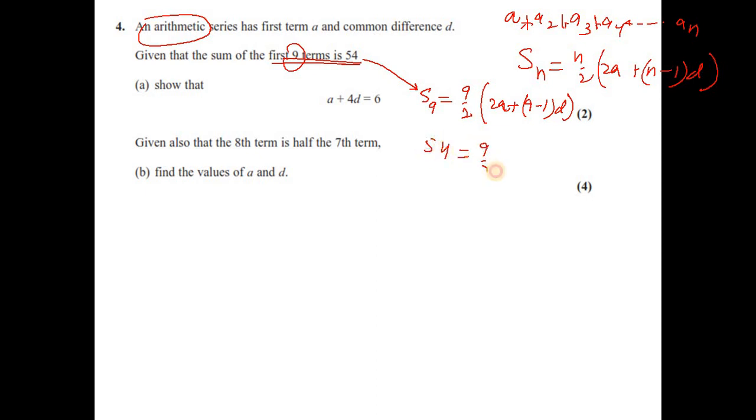And then 9 by 2 (2a plus 9 minus 1, 8d). And clearly, if you simplify, cross multiplying the 2 over there and sending the 9, and then you can cancel. Once you simplify this equation, at the end you can rewrite the whole equation as, after cancelling all the numbers, a plus 4d equal to 6.